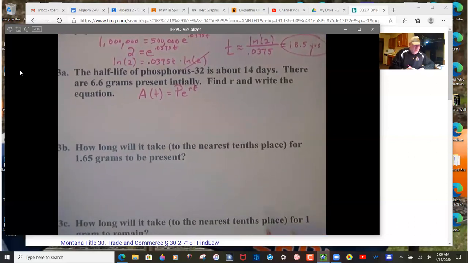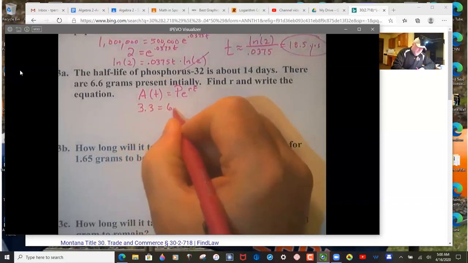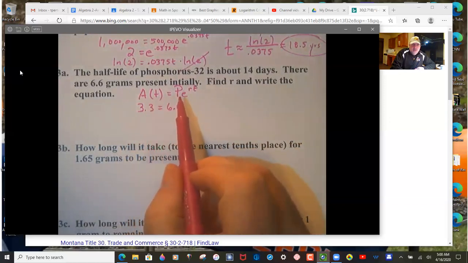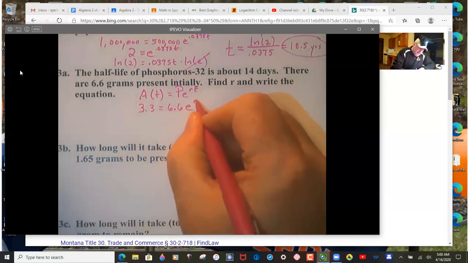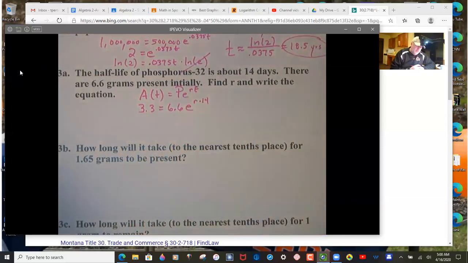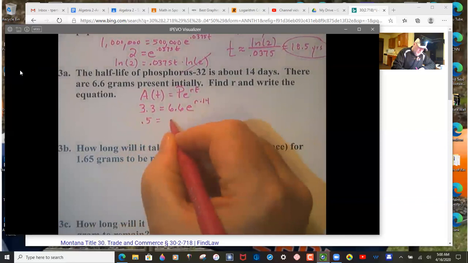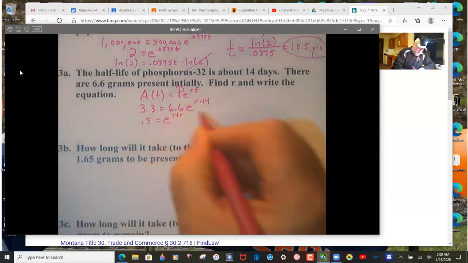So half-life is 14 days, so there's going to be 3.3 grams left. Your A of t, P is your initial amount, times e to the r times 14. So the time is 14. And now, same work. We can call this 14r if you want, or r times 14.